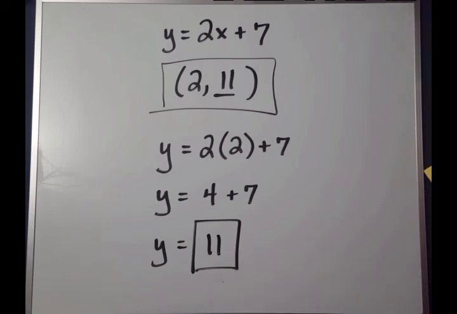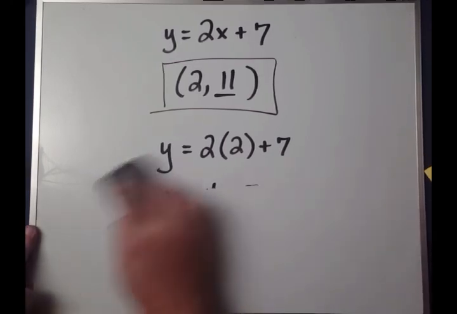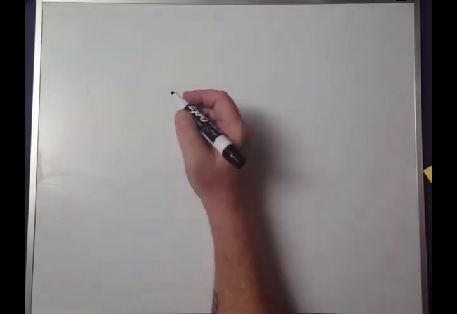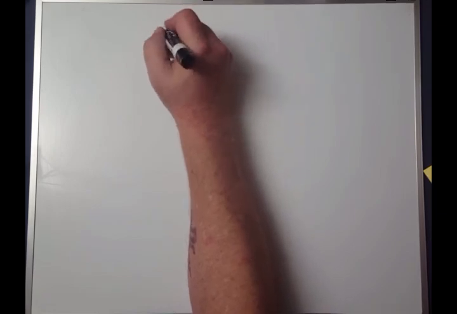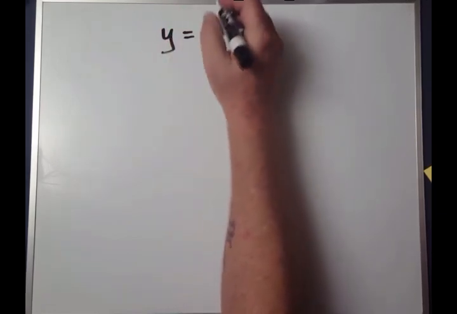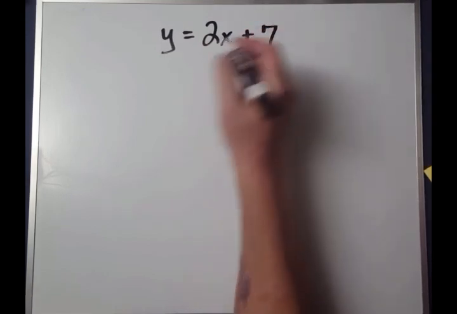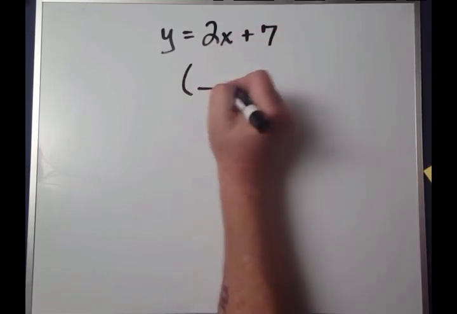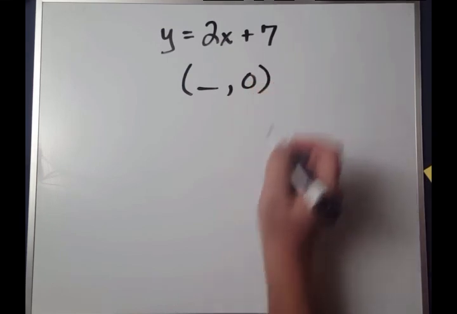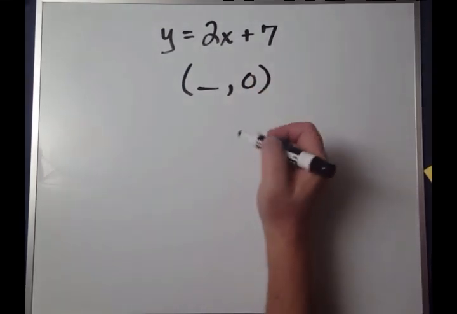Let's do number 32 while we're here. In number 32, same equation. I shouldn't have erased that top line, but that's all right. Complete the ordered pair: blank comma 0.